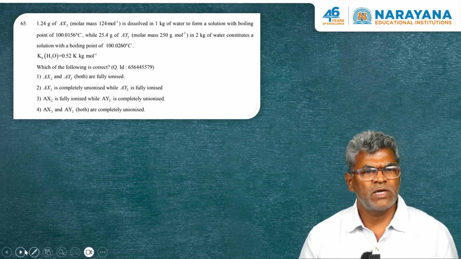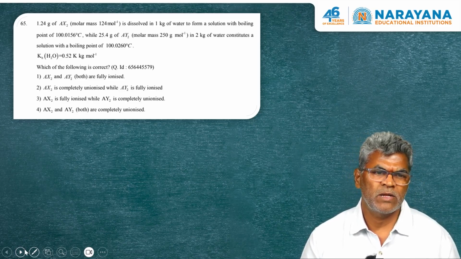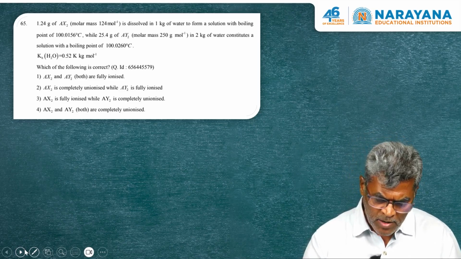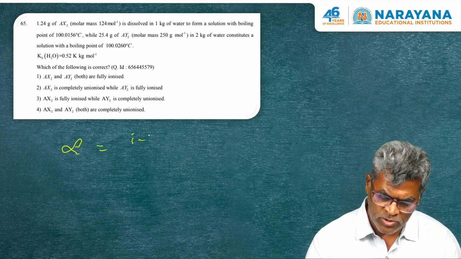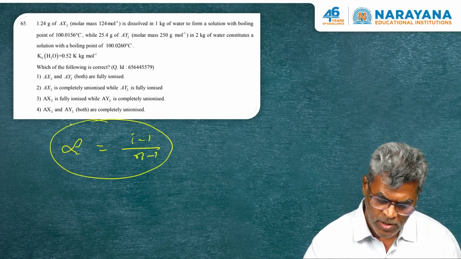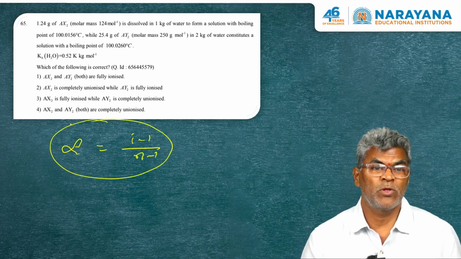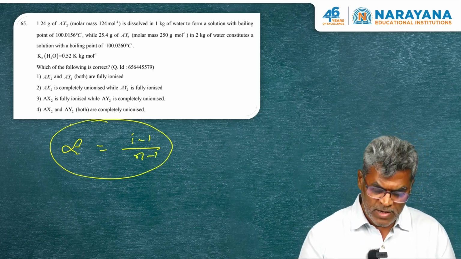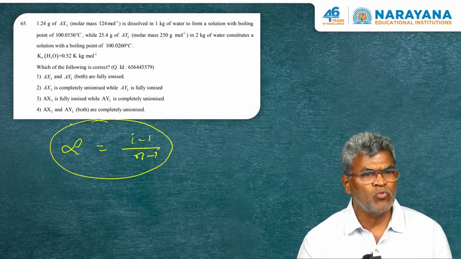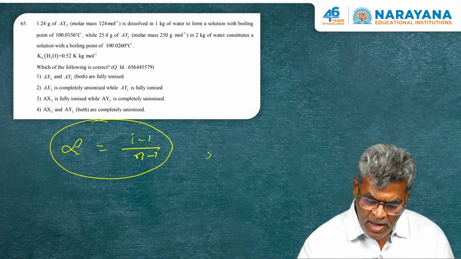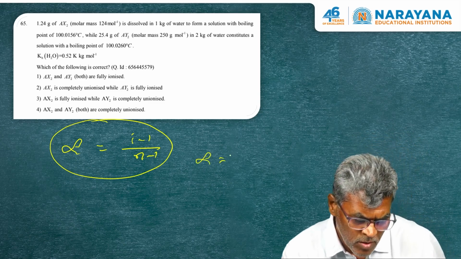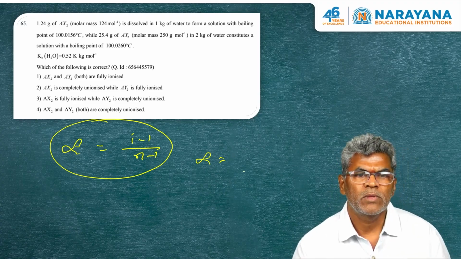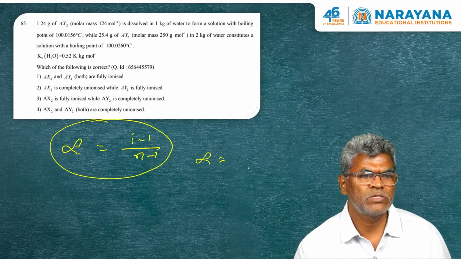Next question, this is Van 't Hoff factor calculation, colligative properties. For calculation of colligative properties, we can use alpha is equal to (i minus 1) by (n minus 1). This is the formula to be used. Since alpha is given for both, you apply that and calculate. For AX2, alpha is 0.3, 30% is what they have given.